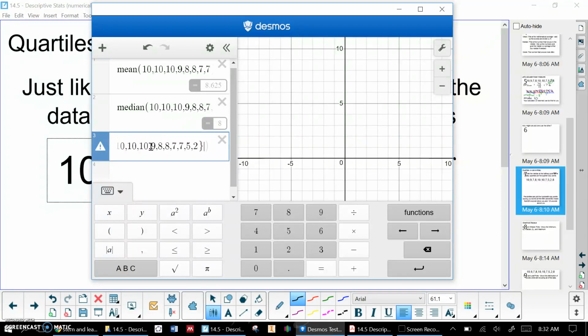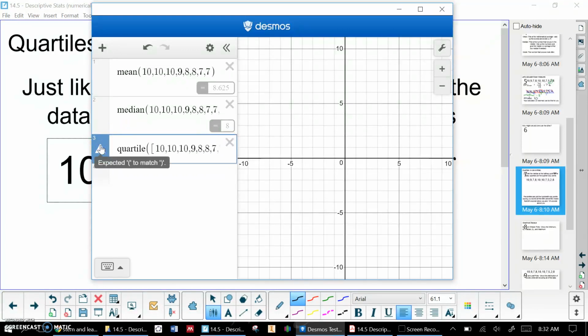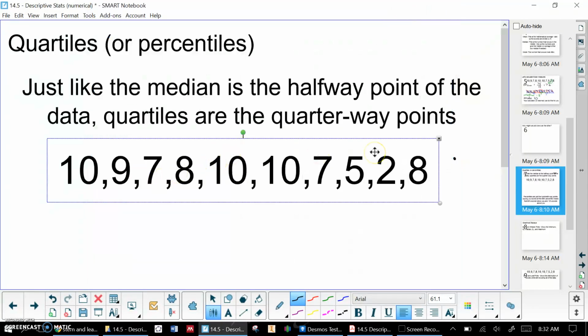So we should be able to plug in our numbers. I'm not sure how that works. I'll have to look into that. But anyway, like you just saw, we can find the quartiles just by lining up those numbers.